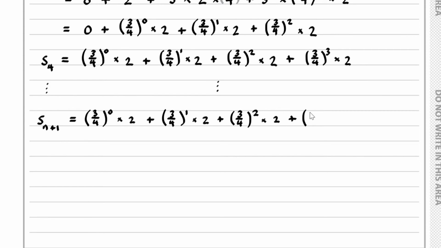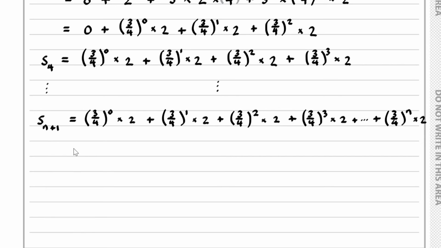And then we've got 3/4 cubed times 2. And then in general, our final term will be 3/4 to the n times by 2. And then it matches up with everything else we have.